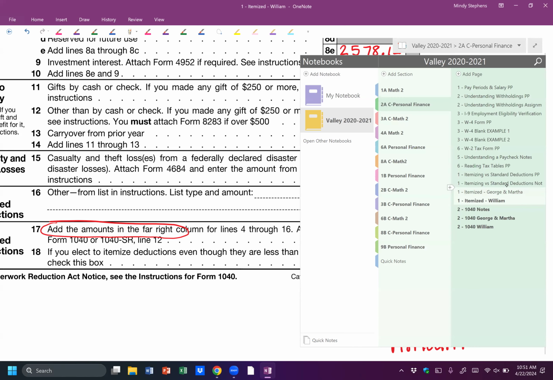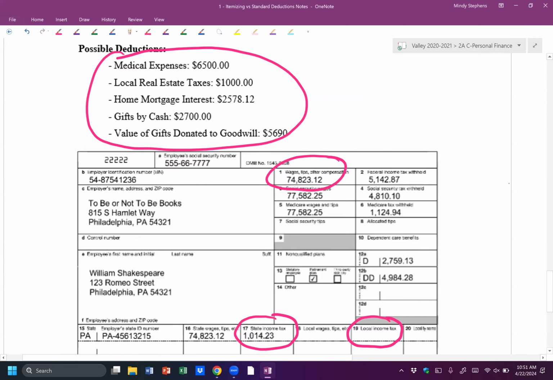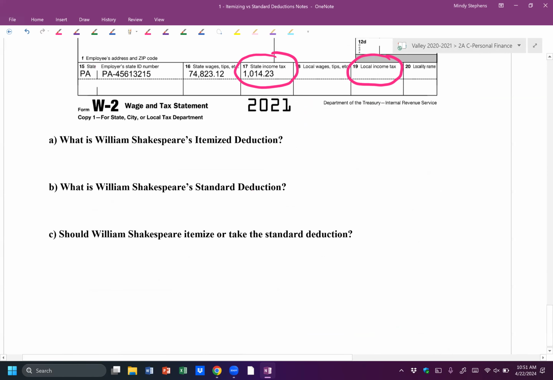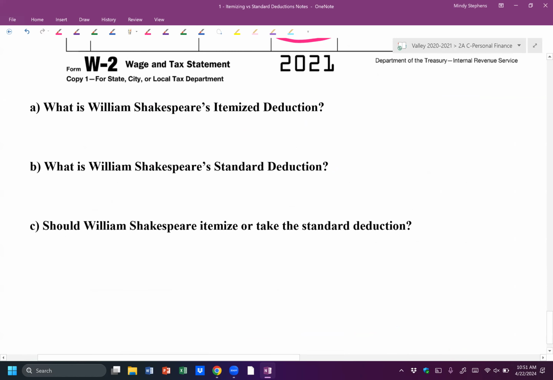If we go back to our notes paper that has the information, it says, what is William Shakespeare's itemized deductions, which is the number we just found. So 13,870.62. His standard deduction, he's single, so it's going to be, what number was that? 13,850.